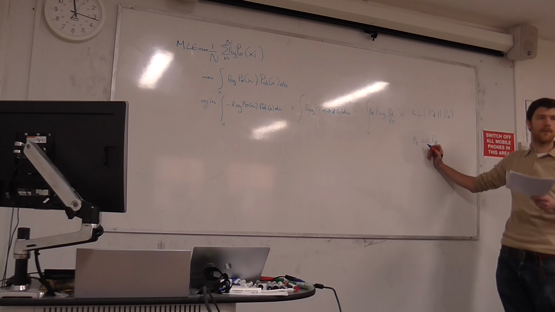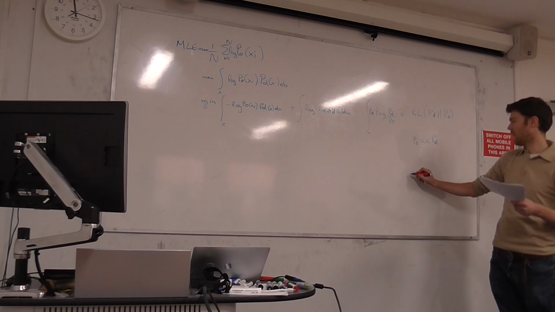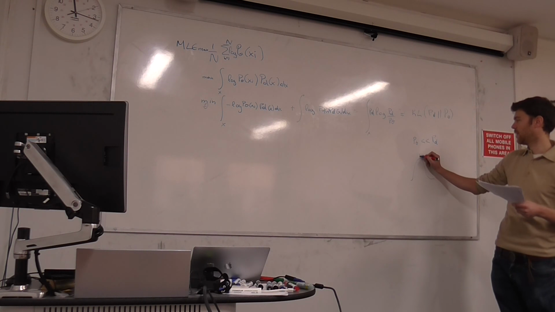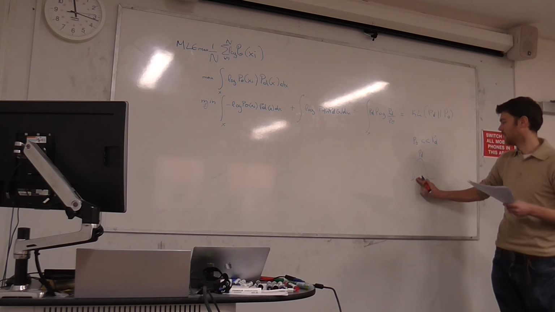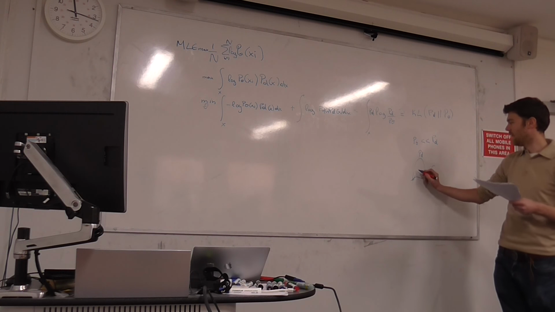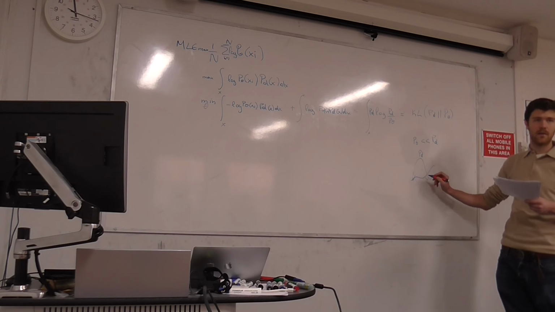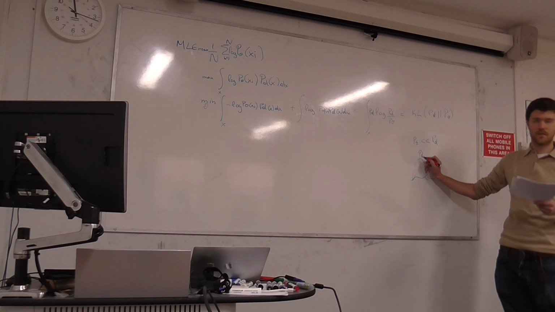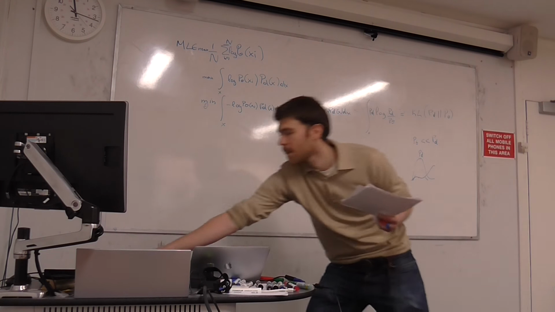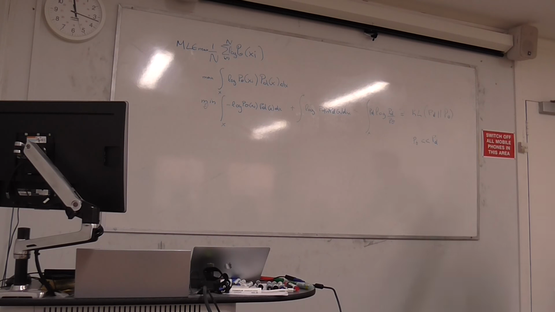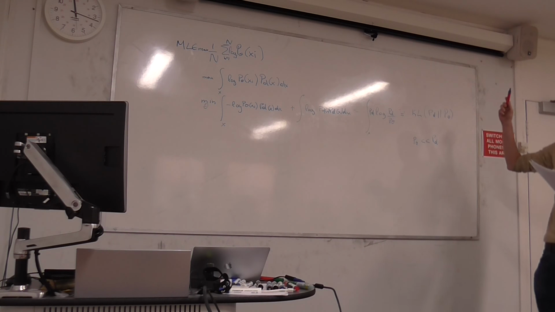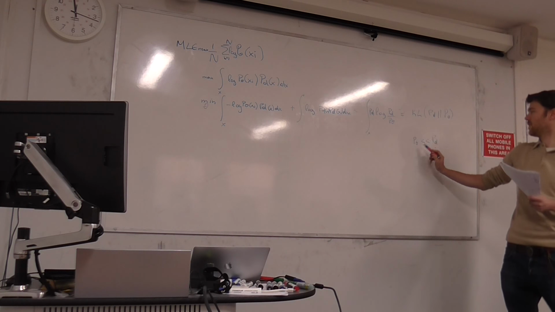Would you like to define what one distribution being much smaller than the other means? So let's say this is your PD, and this is your P theta. In this area, this is much smaller than this. Cool. So if this is much smaller, what happens to the Kullback-Leibler divergence?